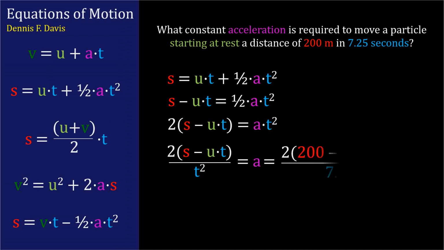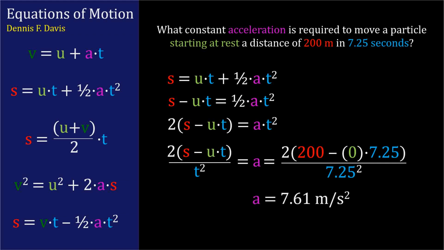We get a equals 2 times s minus ut all over t squared. The math is straightforward, and because the particle started at rest, the ut term goes to 0, since u is 0. So a constant acceleration of 7.61 meters per second squared is needed to move a particle at rest 200 meters in 7.25 seconds. Let's go a step further and find the fifth variable. What will the velocity be in 7.25 seconds?